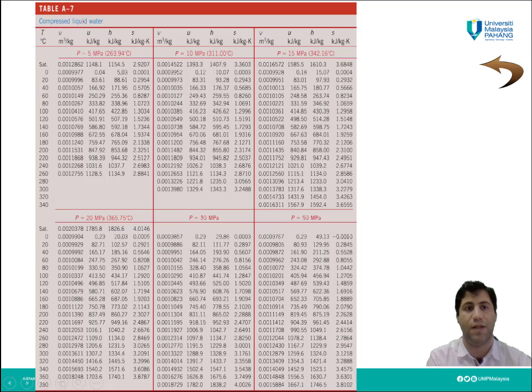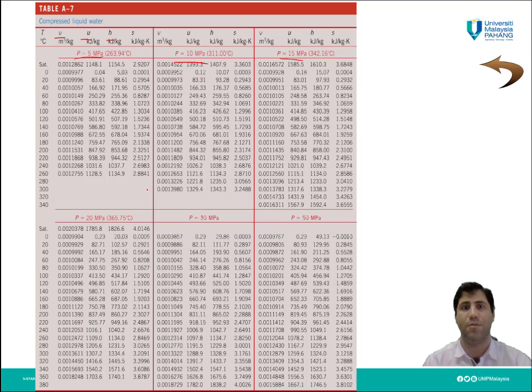Table A7 is for water, so we have compressed liquid for water. We have the different properties: specific volume, internal energy, enthalpy for different temperatures and also different pressures.